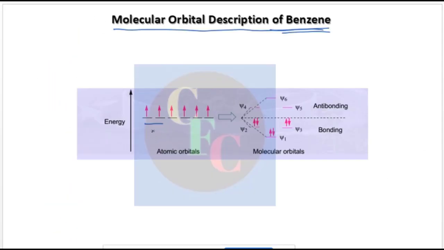Suppose they are isolated p atomic orbitals, they have energy here. Now they combine together to give 6 molecular orbitals. So 3 of them are bonding and 3 are anti-bonding, right?